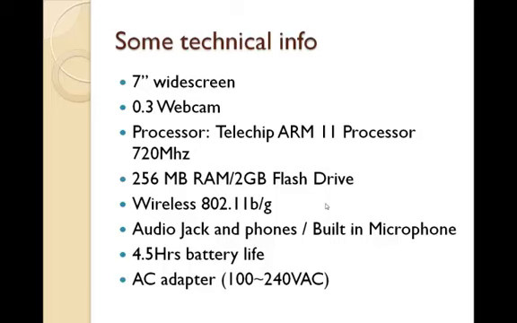So that means it does come with some internal memory that you can use to save files. So you have some songs, you have some files, you could save them onto the flash drive. However, I would strongly recommend getting a micro SD card, and that would enable you to save even more documents and songs onto your device.